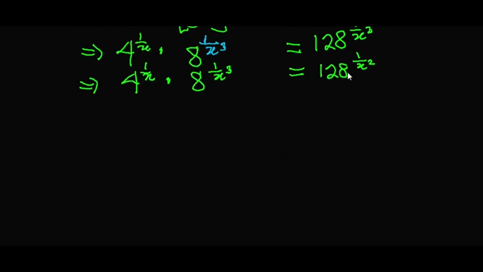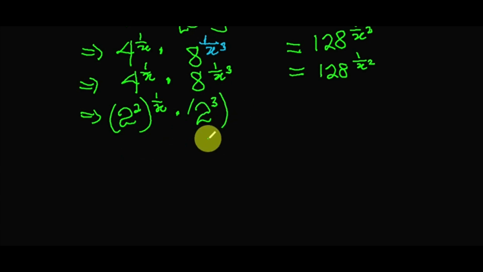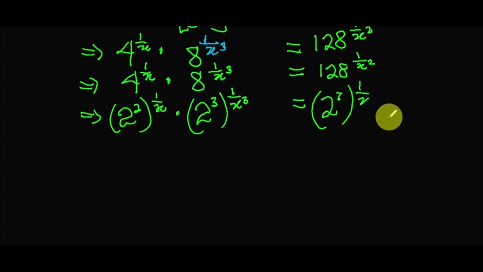Here 4 can be written as 2 squared, raised to the power 1 over x. 8 can be written as 2 to the power 3, raised to the power 1 over x to the power 3, equals 128, which can be written as 2 to the power 7, all raised to the power 1 over x squared.